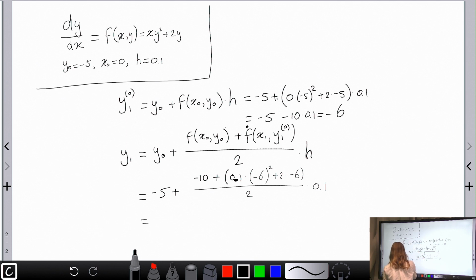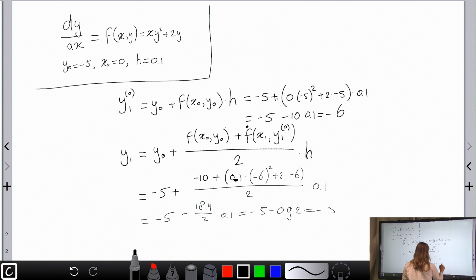And then we can just calculate this, and we have -5 minus 10 minus 18.4 over 2 times 0.1, and the final answer is going to be -5 minus 0.92. So this is our final obtained approximation of y1.